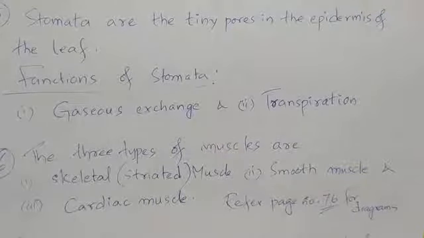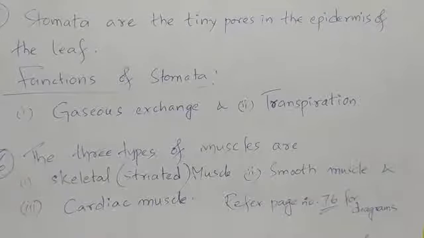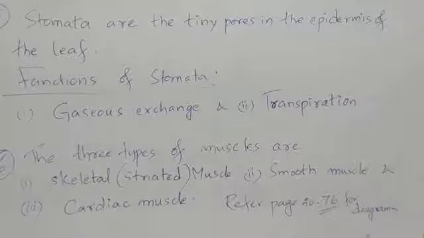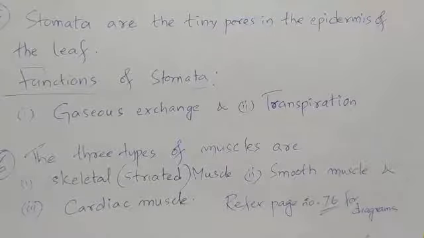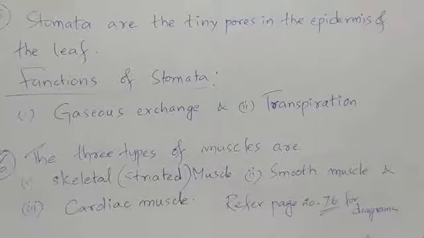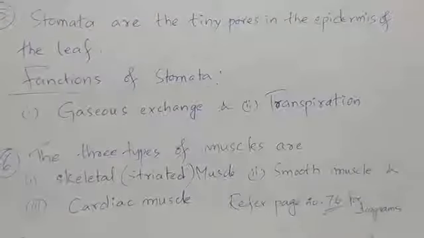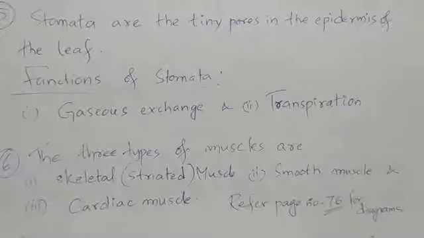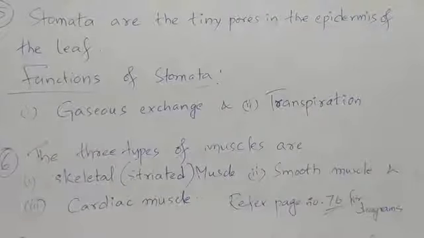So, release of CO2 and entry of O2, or release of O2 and entry of CO2, that is simply gaseous exchange, occurs through stomata. Evaporation of water in the form of water vapor through the tiny pores of the leaves is known as transpiration. So, transpiration occurs through stomata.